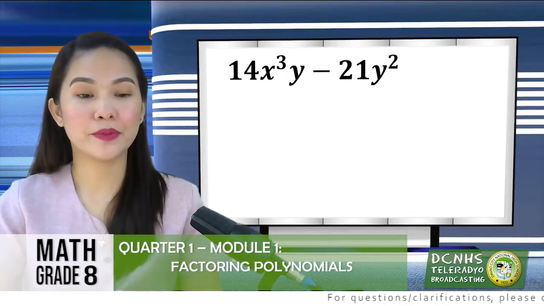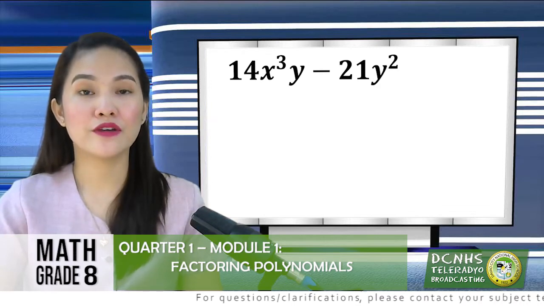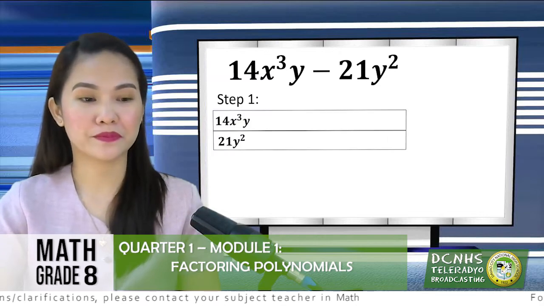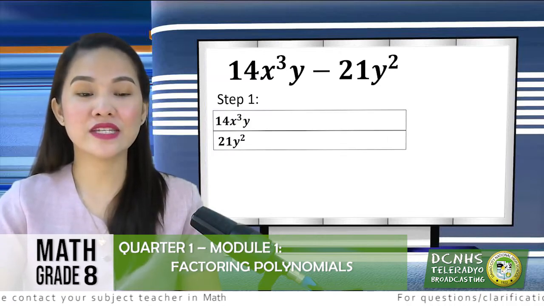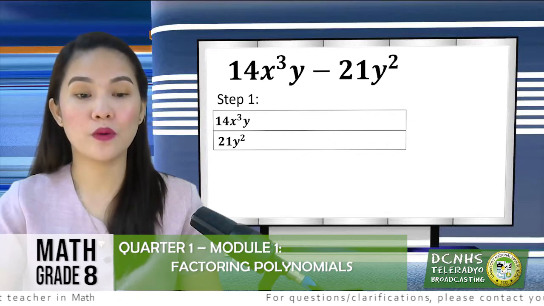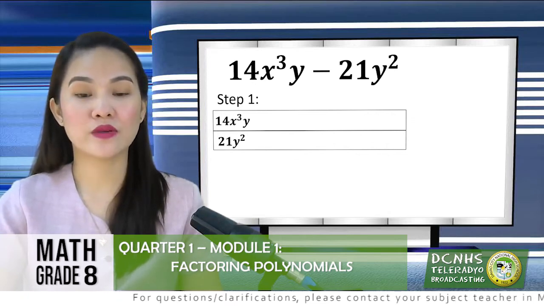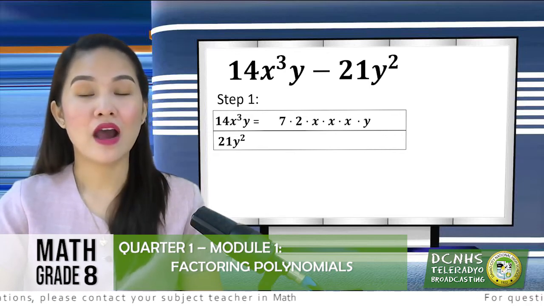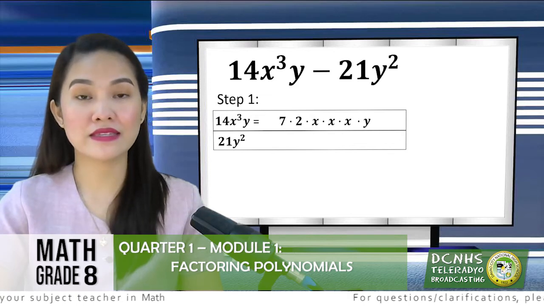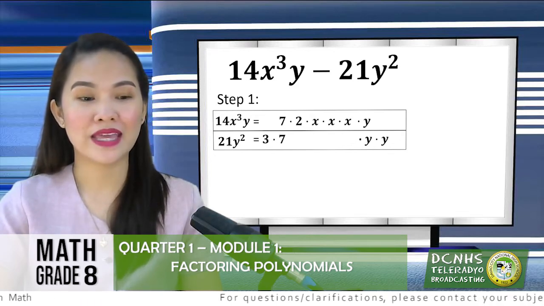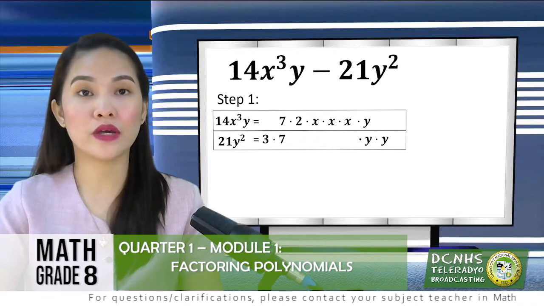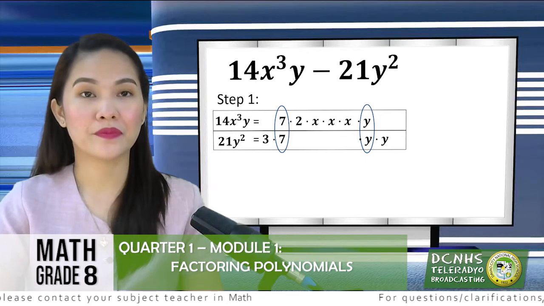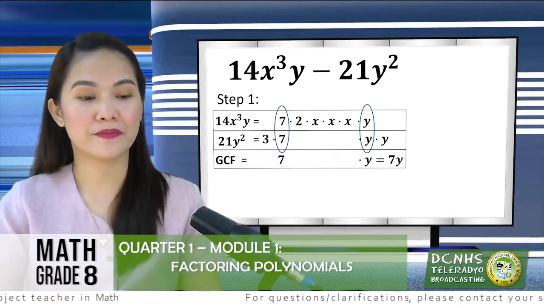Let's have another example. Factor the expression 14x cubed y minus 21y squared. First, get the GCF of 14x cubed y and 21y squared. The prime factors of 14x cubed y are 7 times 2 times x times x times x times y, and the prime factors of 21y squared are 3 times 7 times y times y. Align the common factors.